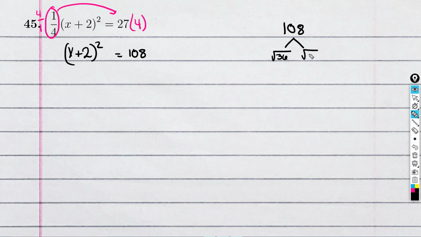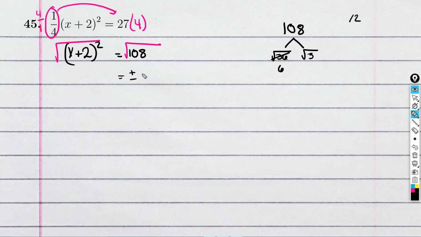Something that you can try if you have trouble finding it is you take 108, divide it by 2, and then start testing from that point down. That can help you find them. But 36 and 3 would multiply to give you that 108. And the square root of 36 is 6.